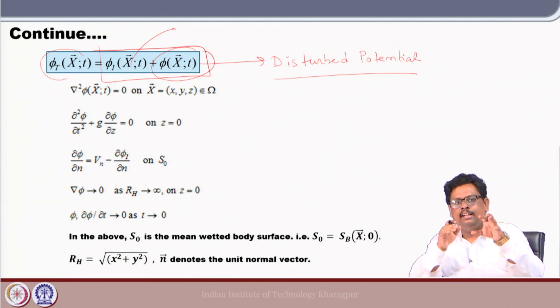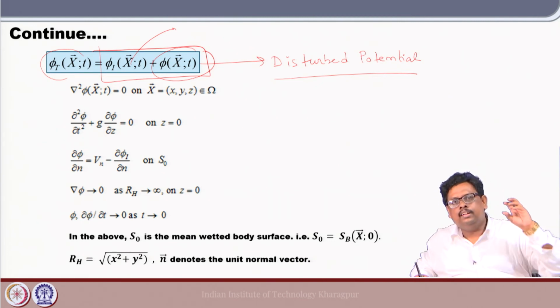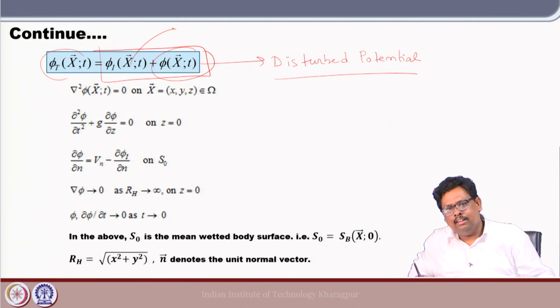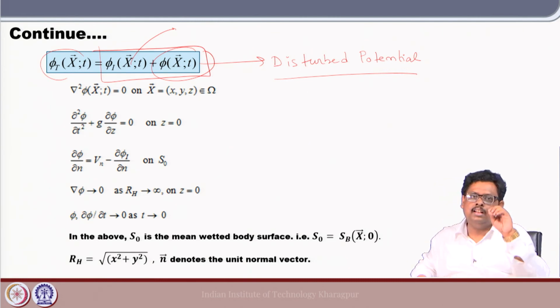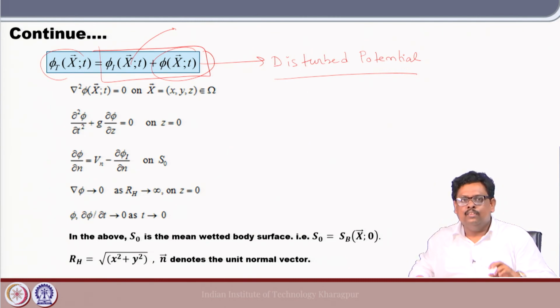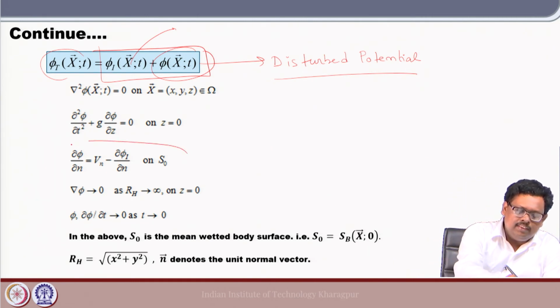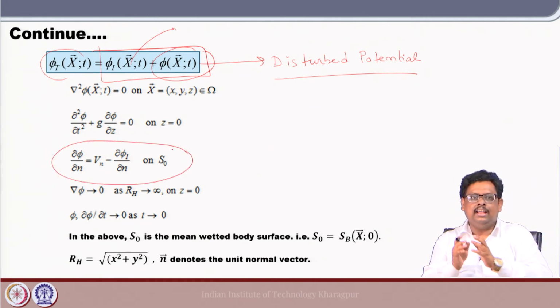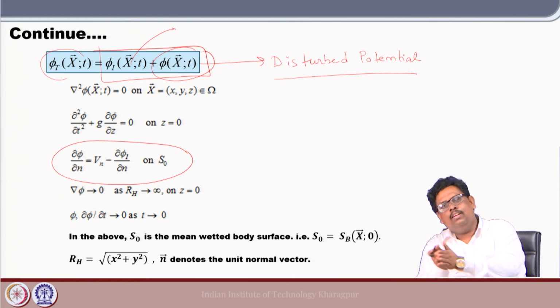If you solve this problem, you really do not understand what the component of the diffraction potential is, what the component of the radiation potential is, or what the component of the steady wave part is. However, if I change this body boundary condition, I can get all sorts of components.